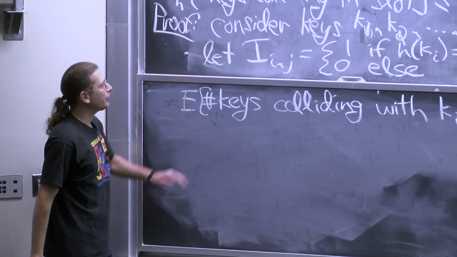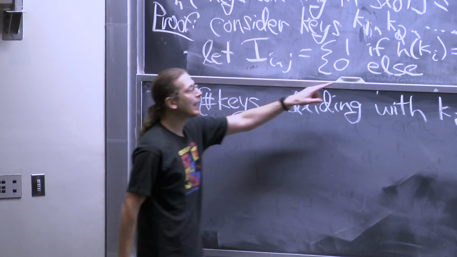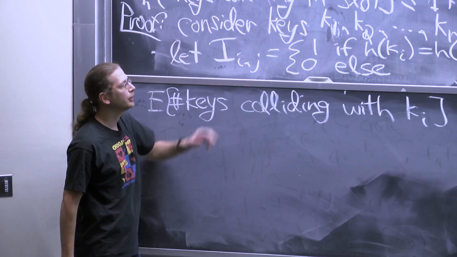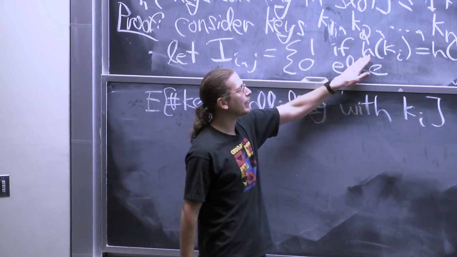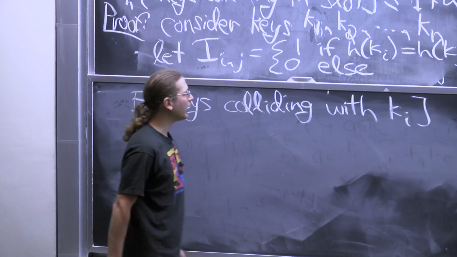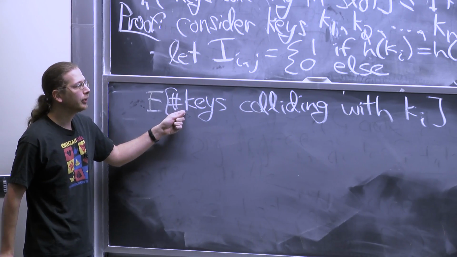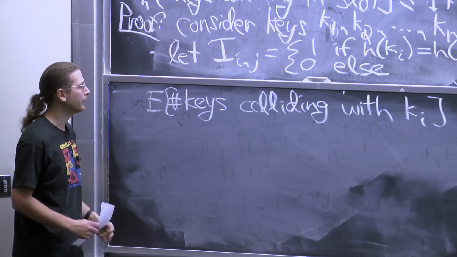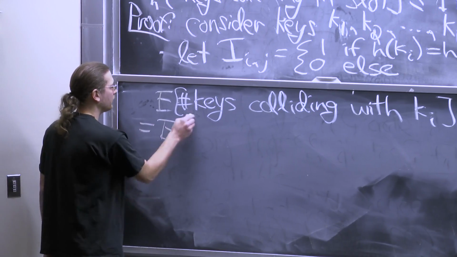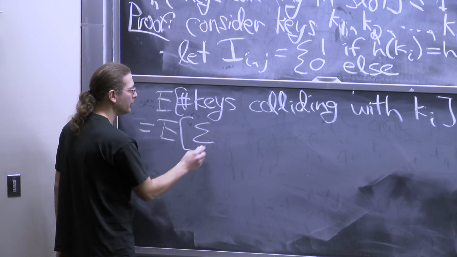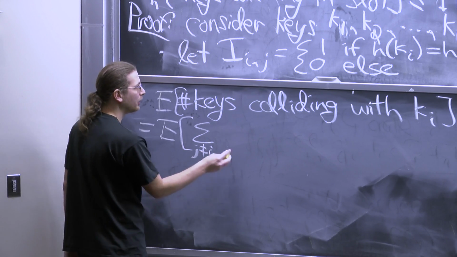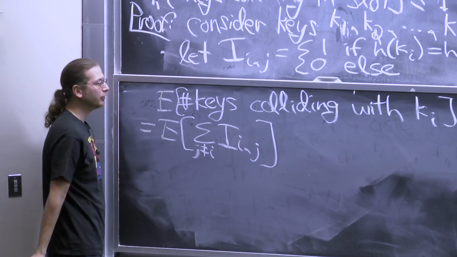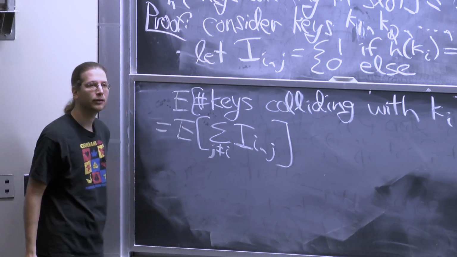Now it's a random variable because it depends on h, and h is a random thing. Ki and Kj are not random. They're given to you. And then I want to know when does h map those two keys to the same slot. And so this number is really just the sum of Iij over all j. The number in here is the sum for j not equal to i of Iij, because we get a 1 every time they collide, 0 otherwise, so that counts how many collide.